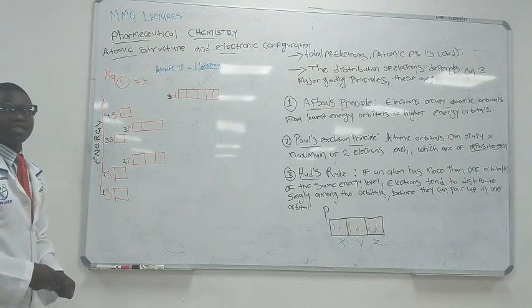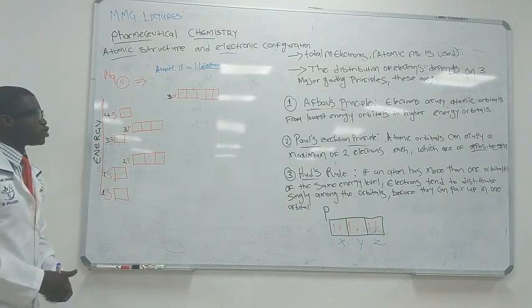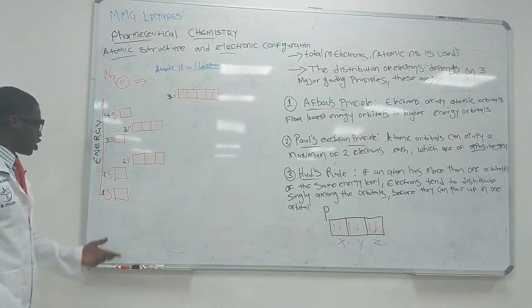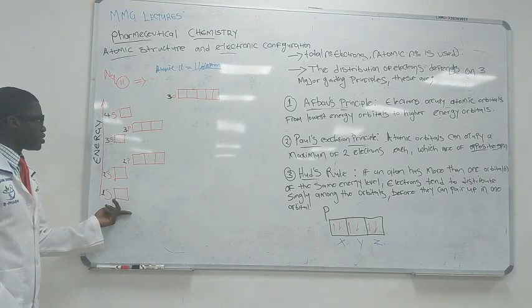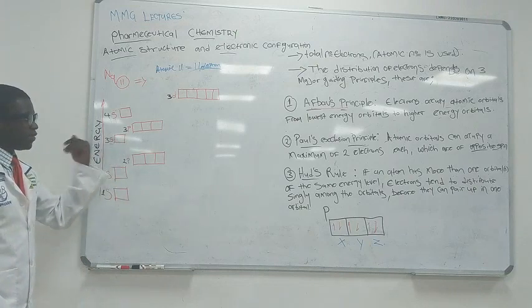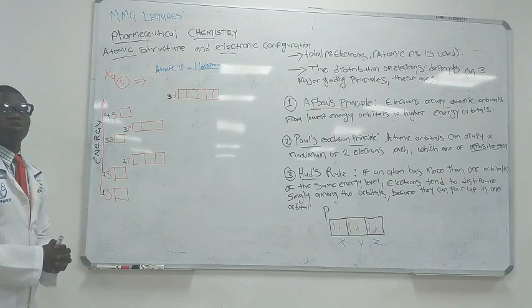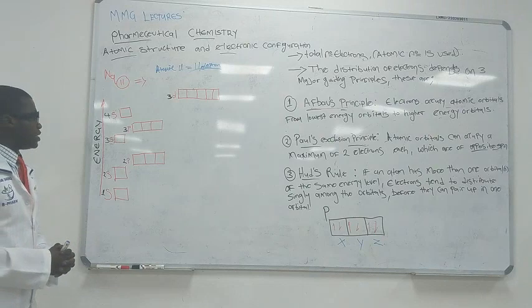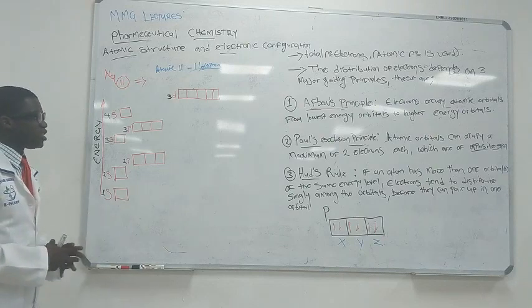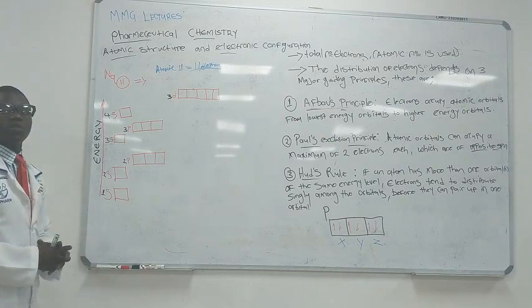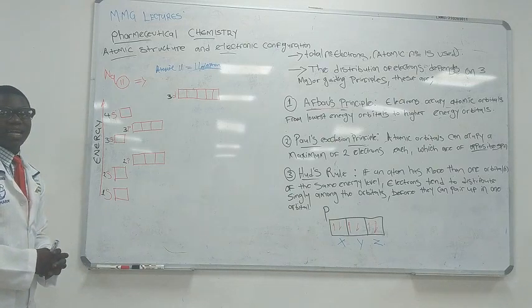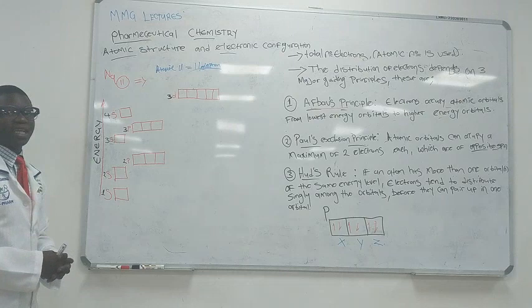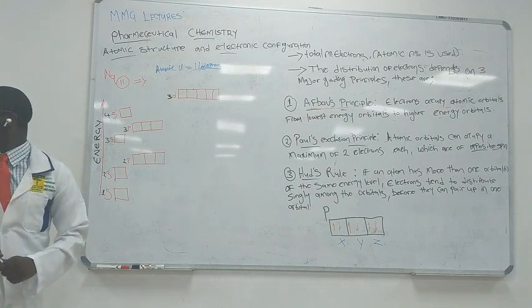We will respect first and foremost Aufbau's principle by starting from the lowest energy level in filling these electrons, going to higher energy levels. That's the first principle that we have to observe. And as I'm filling these orbitals, we'll be able to understand and apply the various guiding principles behind the electronic configuration.